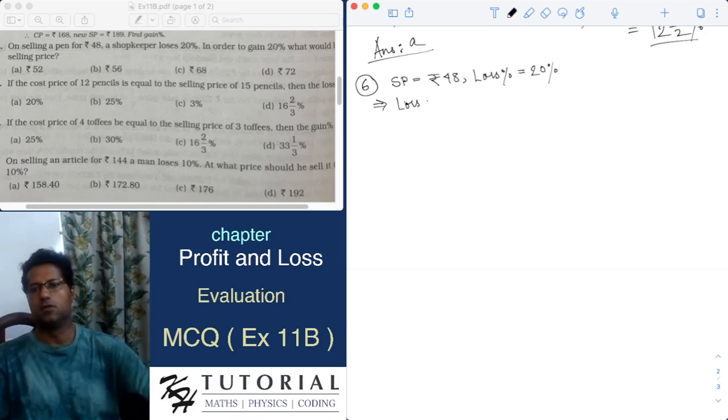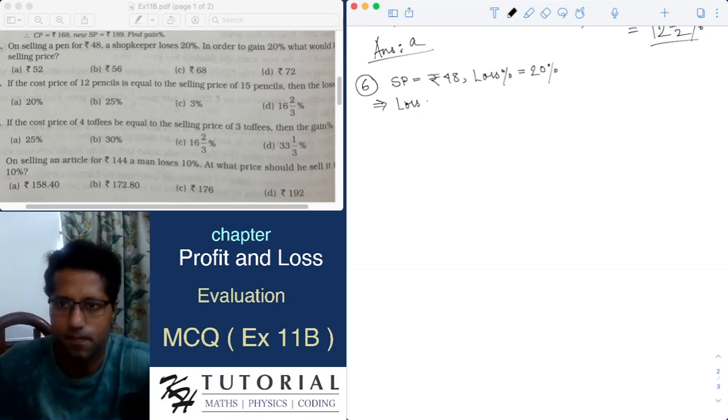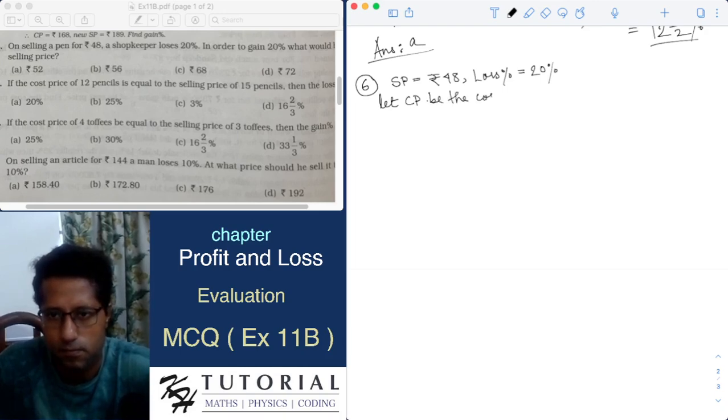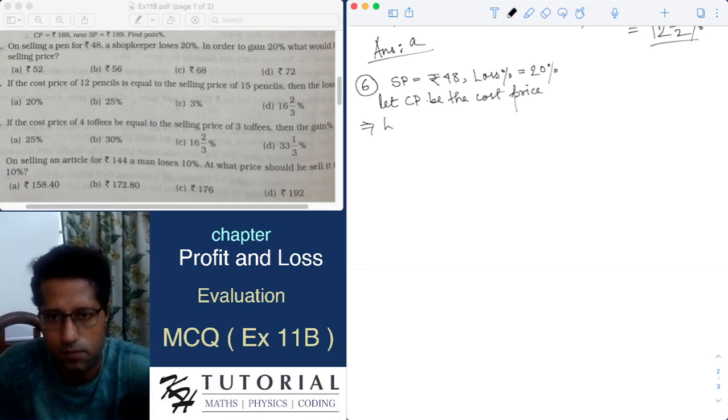Okay, we cannot find the loss directly, so let's consider the cost price of the pen to be CP.